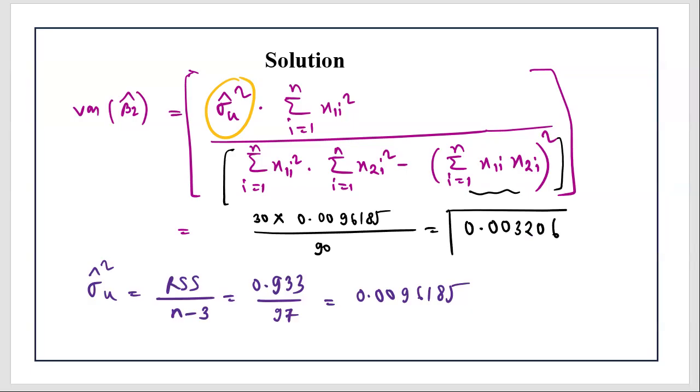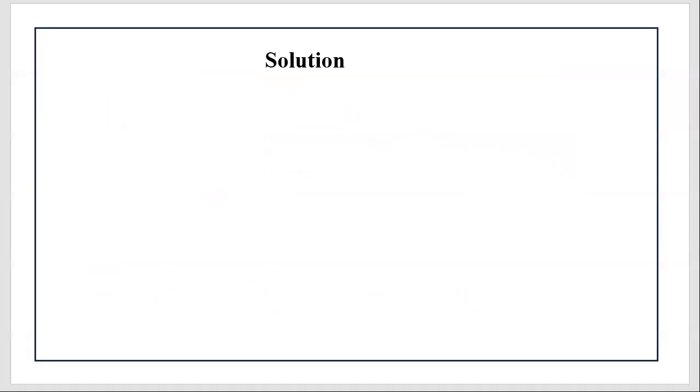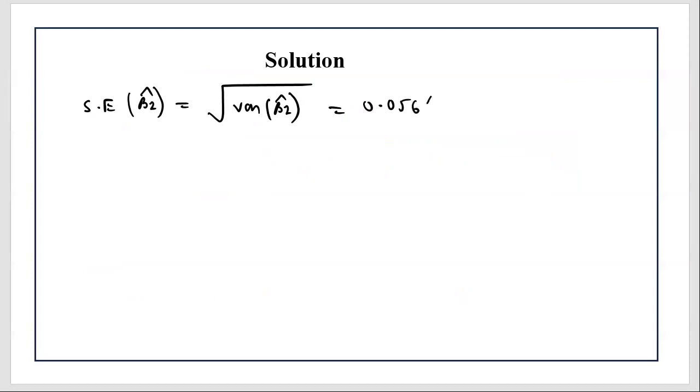You can do this on your own; I have already calculated this. The variance of beta 2 cap will come out to be this. The standard error of beta 2 cap is simply the square root of the variance, which will come out to be 0.05662. Now you have all the values to compute the t statistic.